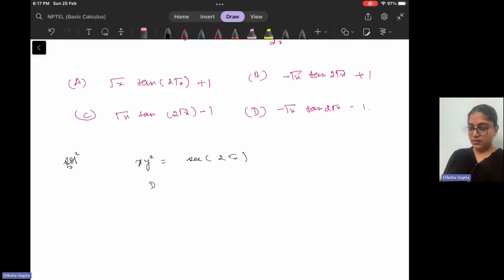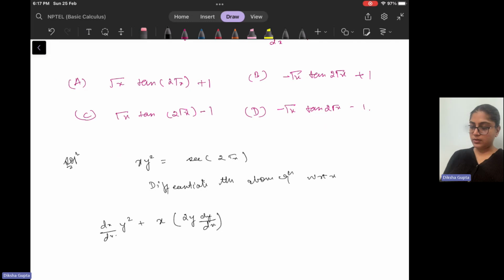So differentiate the above equation with respect to x. What do we get? We will apply the product rule. Firstly differentiating x is 1, y square as it is, then x as it is, and differentiating y square, it will be 2y dy by dx. Here when we were differentiating x with respect to x, it was dx by dx, which was 1.